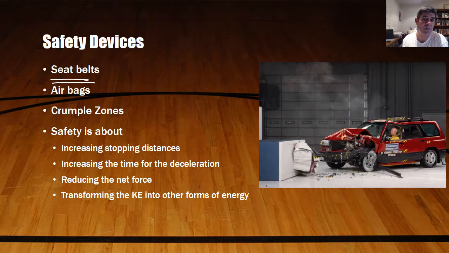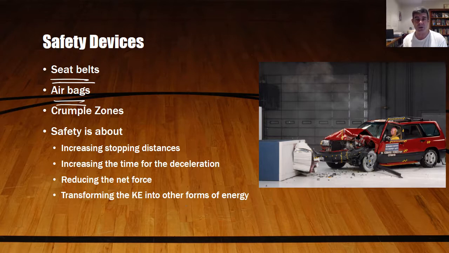We now have a number of additional safety devices, including airbags and crumple zones, in order to try and absorb again the impacts of collisions and increase the time over which that deceleration occurs in order to transfer less and less of that to the actual occupants of the car.